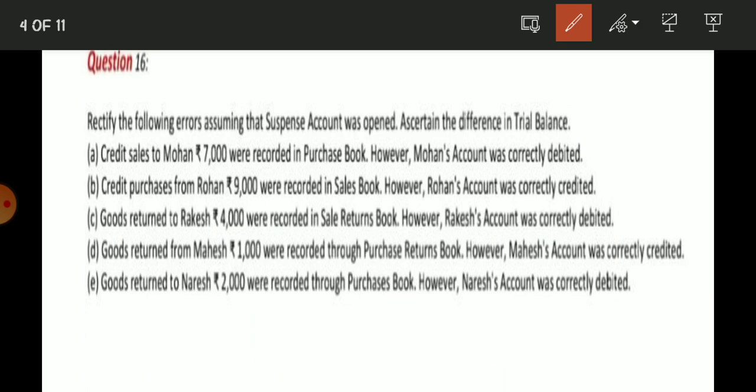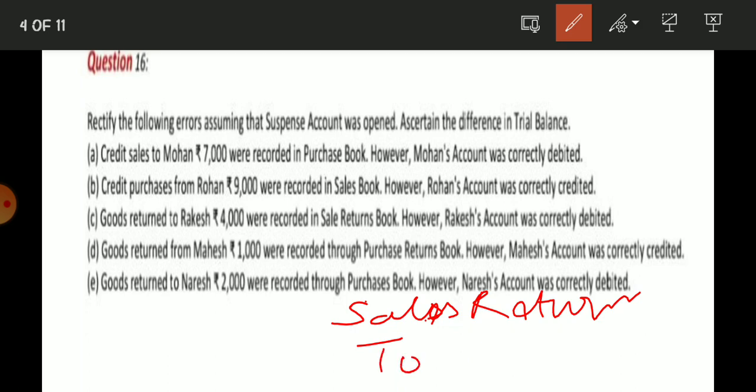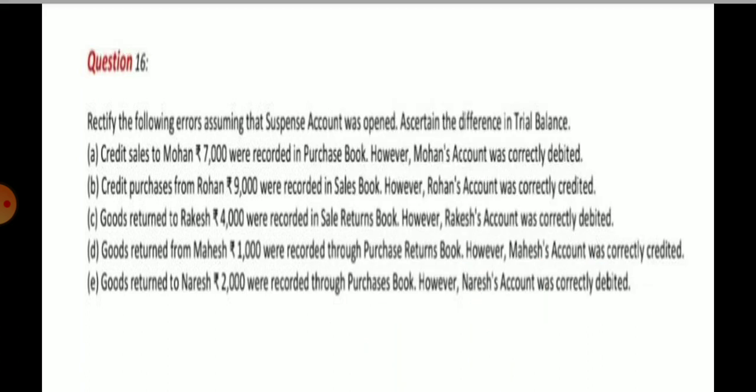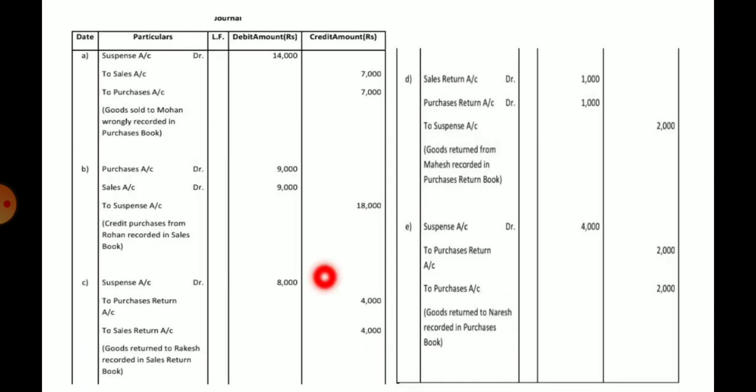We made what we made. Sales return to, we don't know what account is affected. So now again we have to open the suspense account. What will be the entry? Suspense account debited, to purchase return, to sales return.